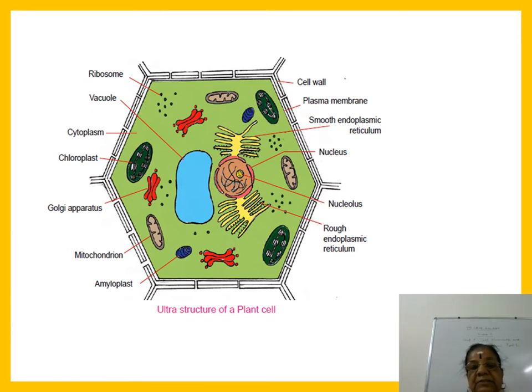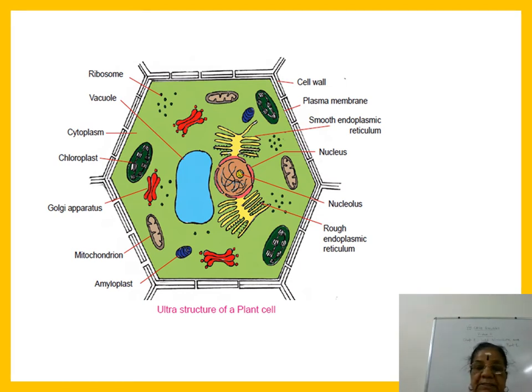Microorganisms, plants and animals are all made up of something, that is the cell. So I say the cell is the structural and functional unit of life. Normally, based on the number of cells, organisms are classified as unicellular and multicellular.